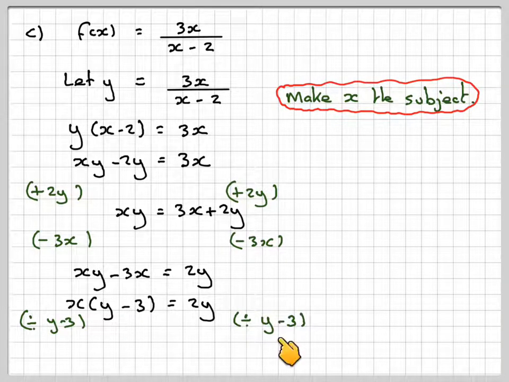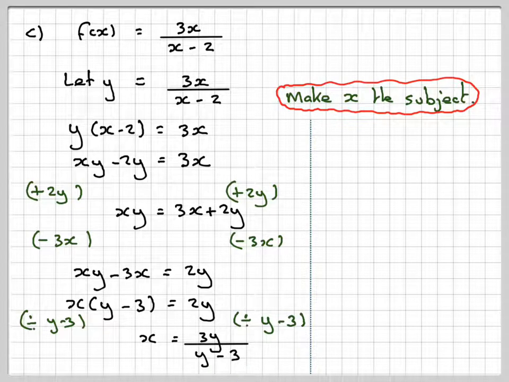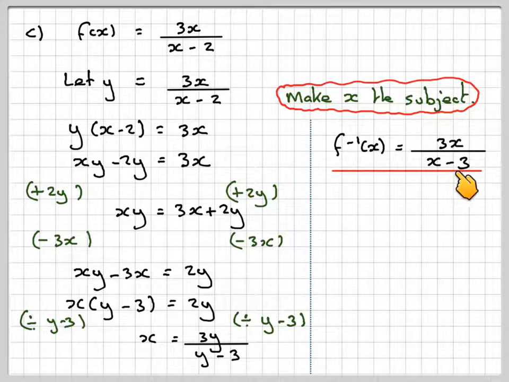If we now divide by y minus 3 on both sides, we get that x is equal to 2y divided by y minus 3. Now the last step normally involves us just interchanging the y's and x's, because it's normally expressed as a function of x. We get f to the minus 1 of x is 2x over x minus 3.